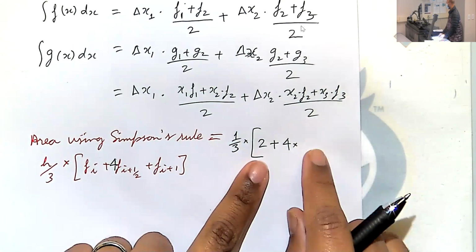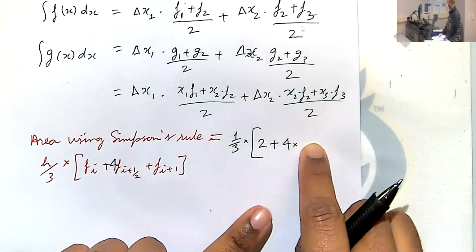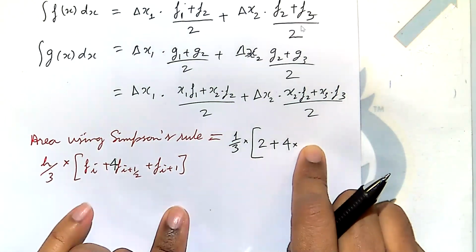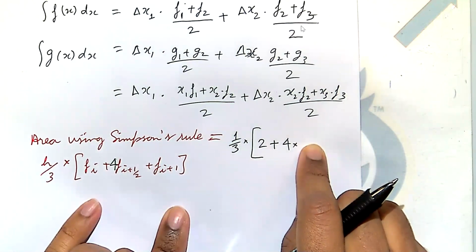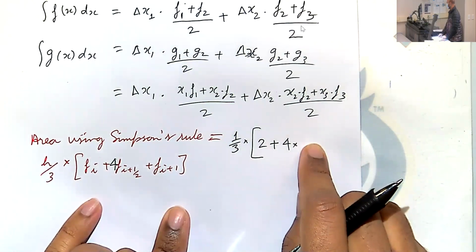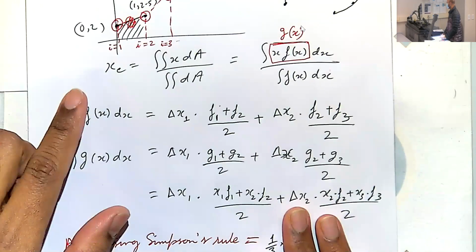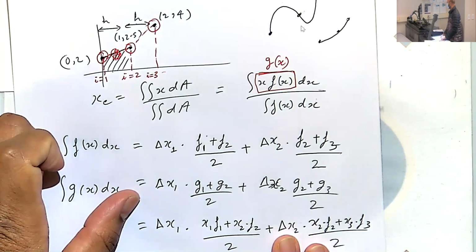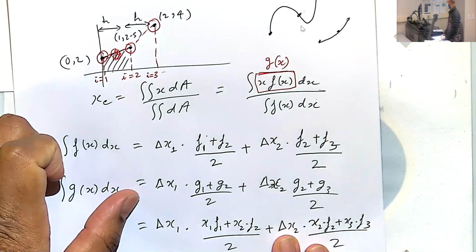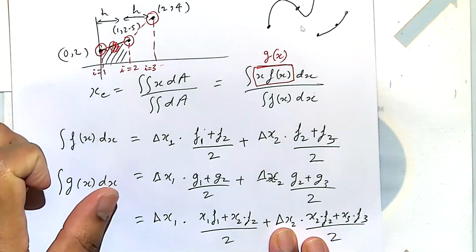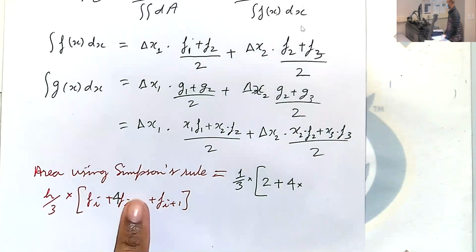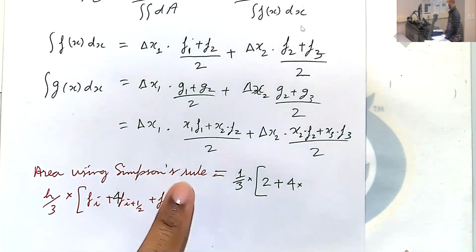So, okay, what goes here? 4 times what? Okay, it's 0 plus 2 divided by 2. Why 0 plus 2 divided by 2? Well, if you take the full trapezoid, this is not trapezoid. We're using Simpson's rule.